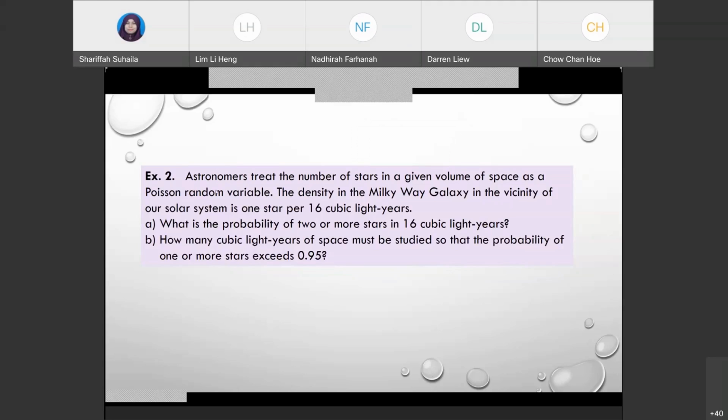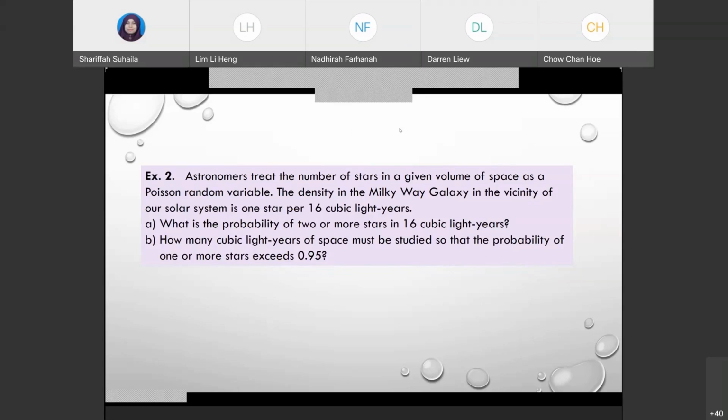So again, astronomers treat the number of stars in a given volume of space as a Poisson random variable. Okay. The density in the Milky Way galaxy in the vicinity of our solar system is 1 star per 16 cubic light years. Okay. So in this case, what is your lambda?